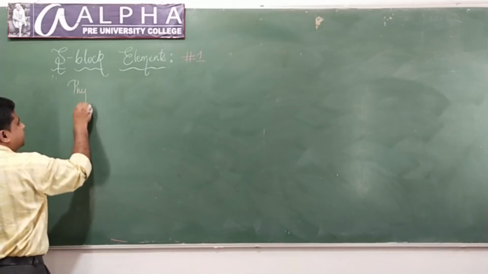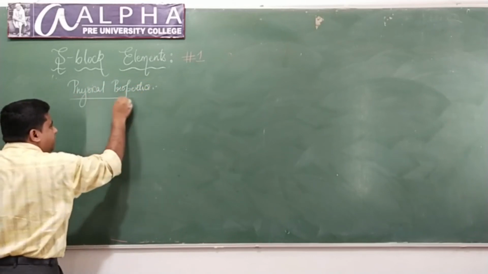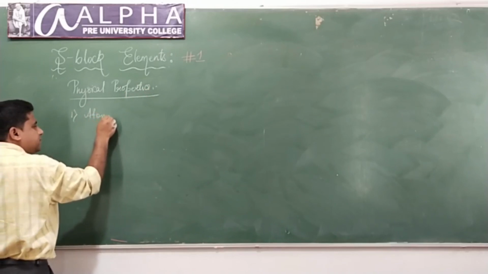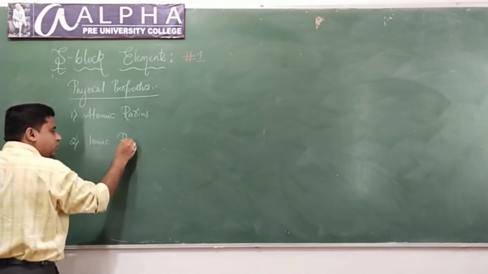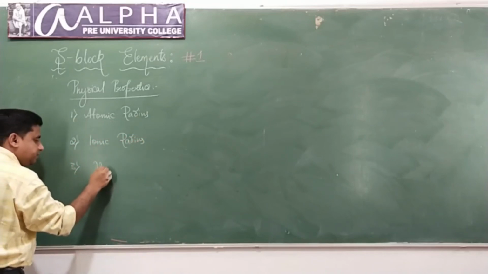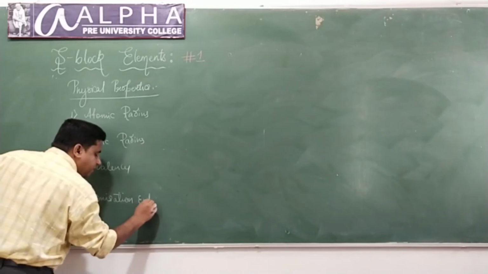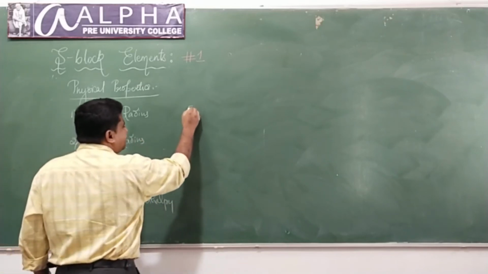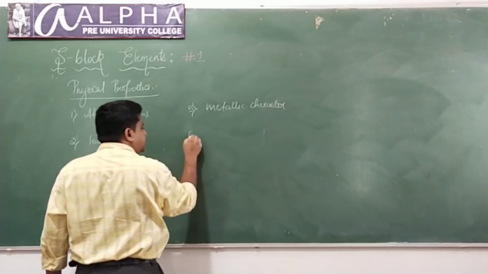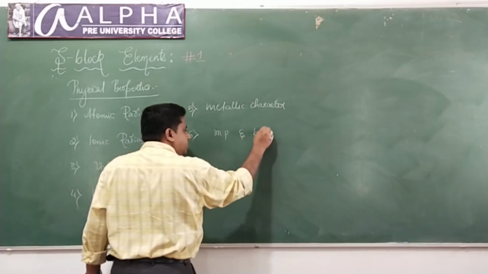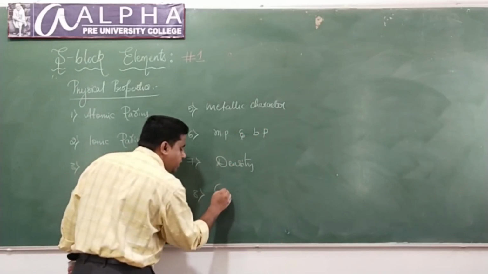In physical properties, we will be talking about atomic radius, second, ionic radius, third, valency, fourth, ionization enthalpy, fifth, metallic character, sixth, melting point and boiling point, next, density, very important, and color to the flame.